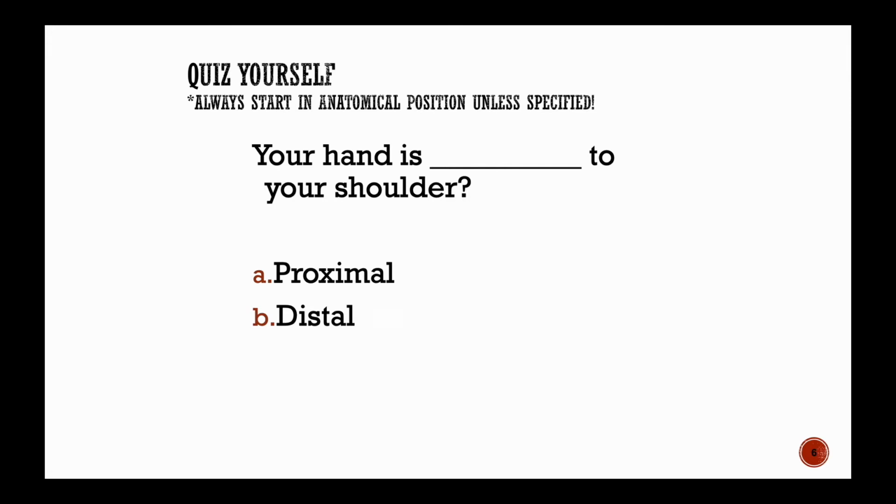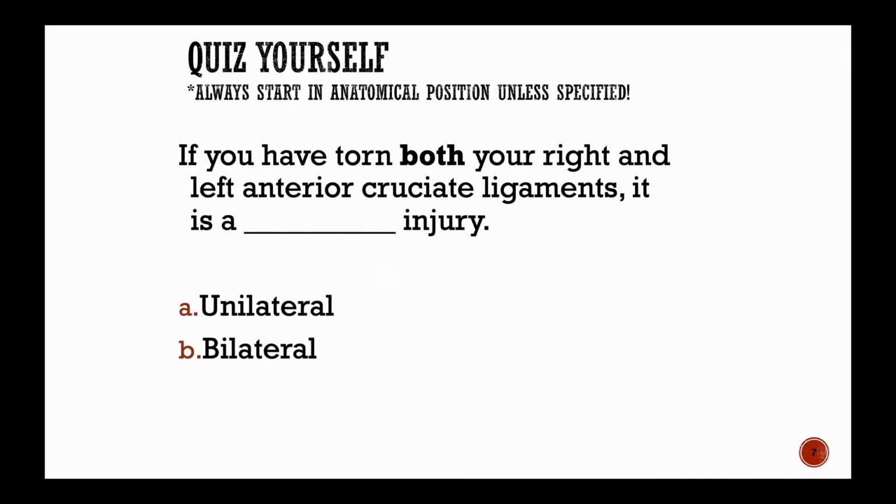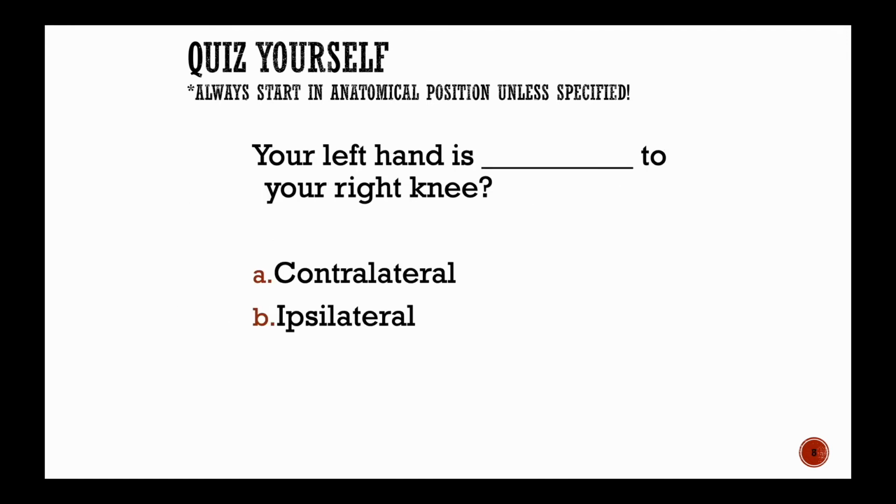Your hand is what to your shoulder? All right, if you have torn both your right and your left anterior cruciate ligaments, it is what kind of an injury? Your left hand is what to your right knee?